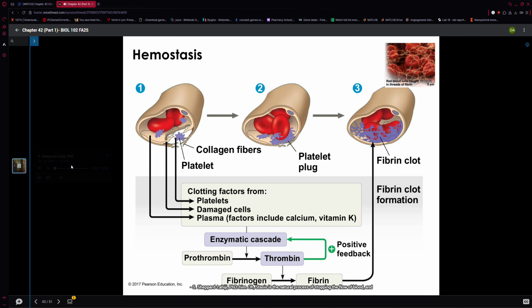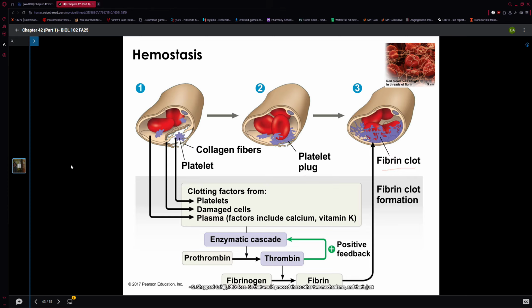Hemostasis is the natural process of stopping the flow of blood, and there are different hemostatic mechanisms. One is forming a platelet plug, another is blood coagulation or the formation of a fibrin clot. But there is one mechanism that's missing from this illustration, which is a vascular spasm, and that's the most immediate response to blood loss.